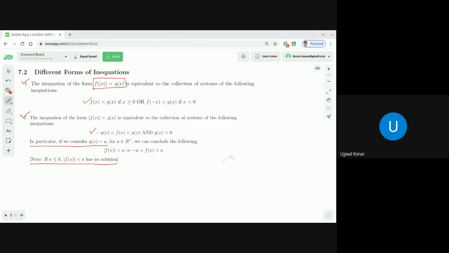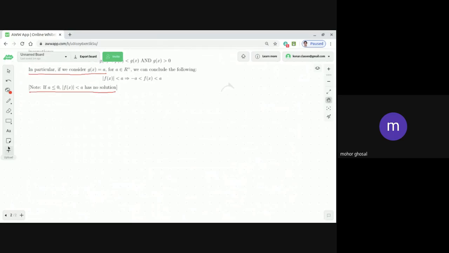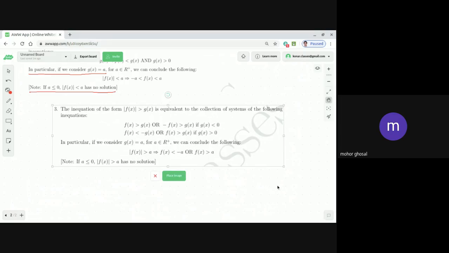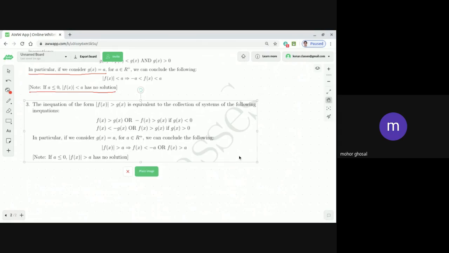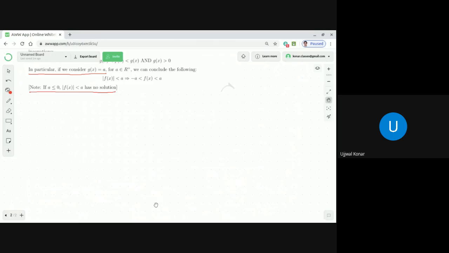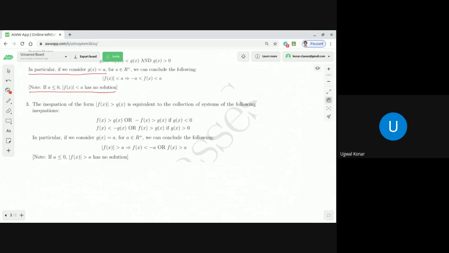Now the third one. If |f(x)| is greater than g(x), how to solve that one? |f(x)| greater than g(x) is equivalent to the collection of the following systems of inequations.